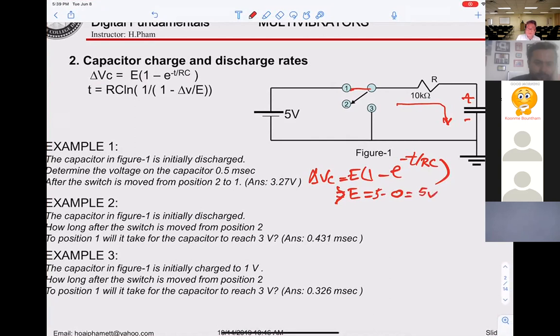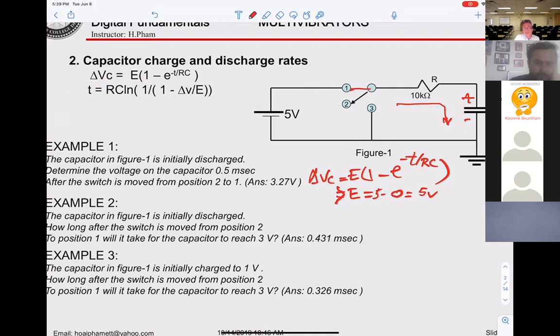Then you substitute into the formula and you're able to do that calculation. Okay? So then the answer after 0.5 millisecond will be 3.27 volt.